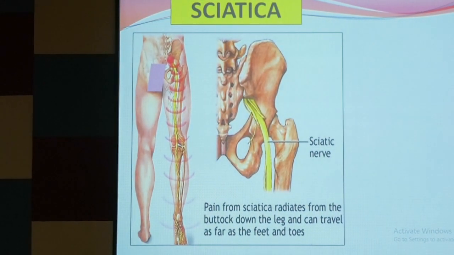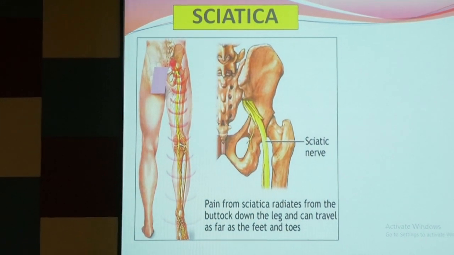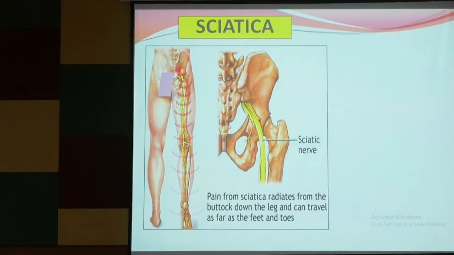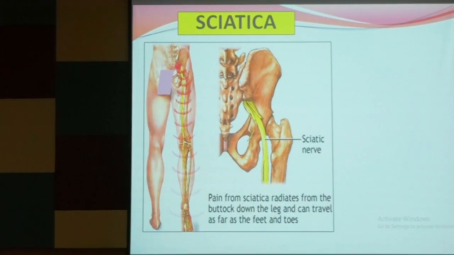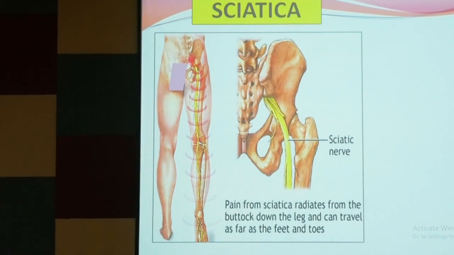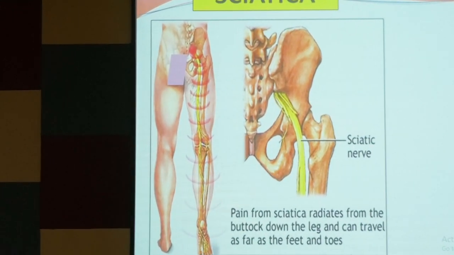When you are examining a patient in the prone position, you ask her to lift her leg without flexing the knee joint, straight lift up. Then slowly you ask her to lift both the legs, and then you ask her to flex the knee joint, and then try the bicycle pedaling.